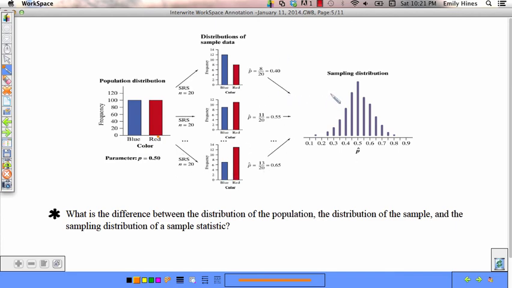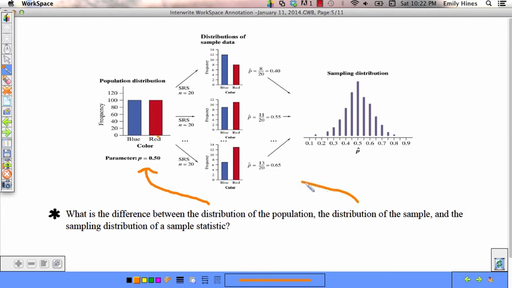And then my sampling distribution, okay, if I have taken all possible samples I could take, is just a distribution of all of those p hat values. Out of all the times I did this, what values did that p hat take? So this is a very good example. The distribution of the population is all of the possible values and their frequencies in the population.